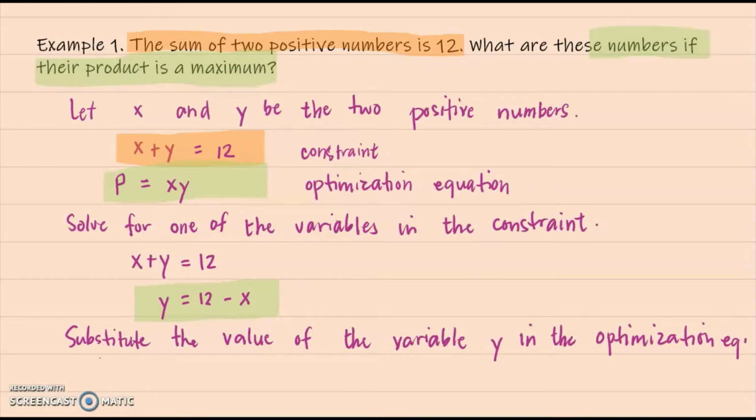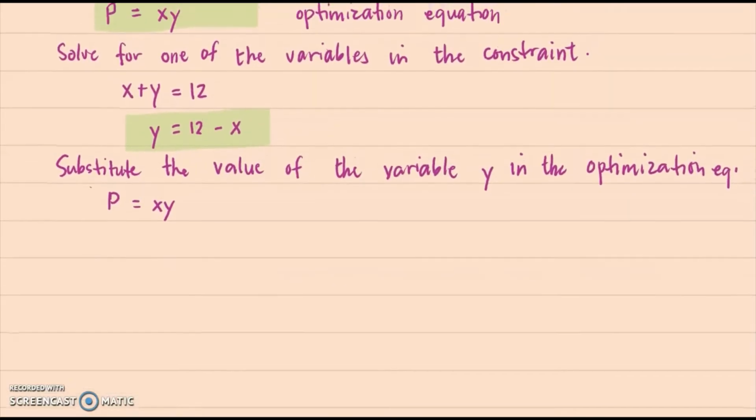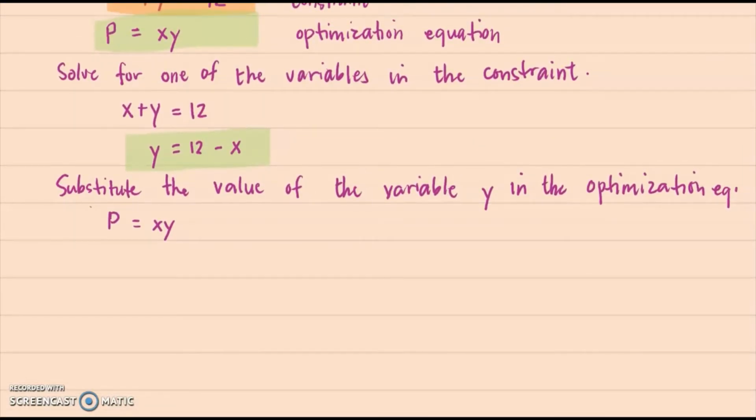So our optimization equation is P equals x times y. Substituting the value of y, we have P is equal to x times 12 minus x. Distribute x, so you have P is equal to 12x minus x squared.